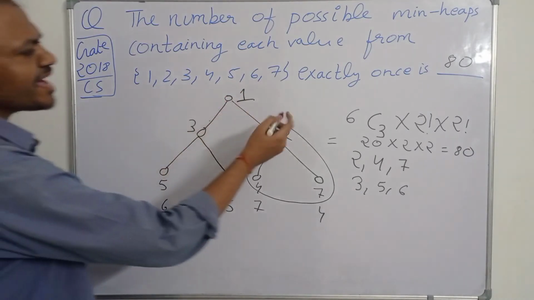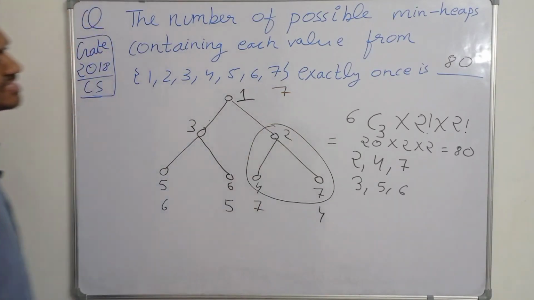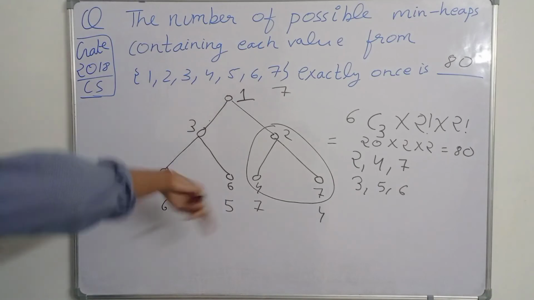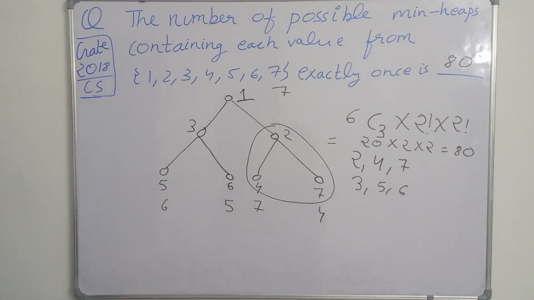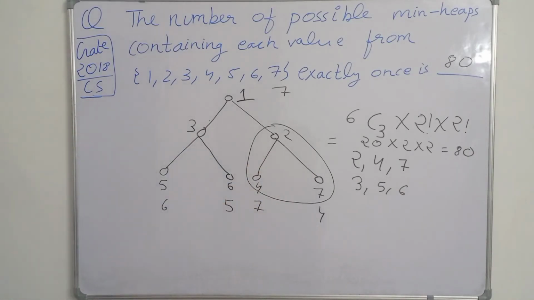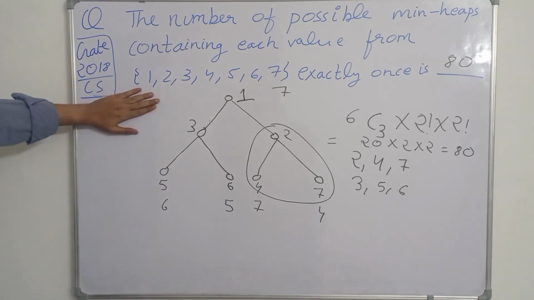So if this was a max heap, then the root must be 7, and for forming a max heap we have to use the same procedure. For a max heap also we can choose 3 numbers and then do this calculation. This question was for a min heap.